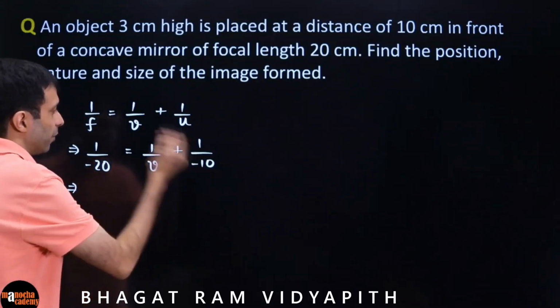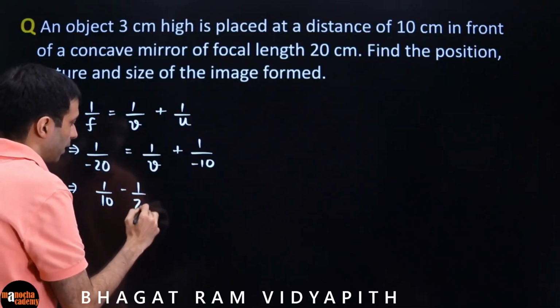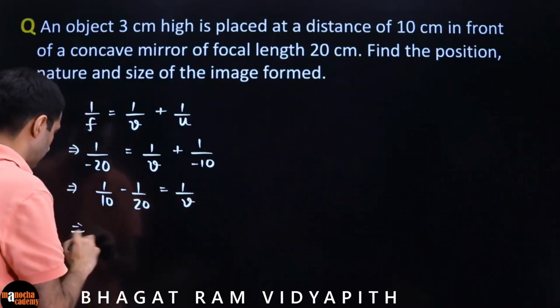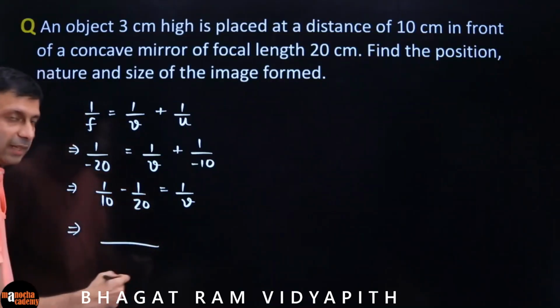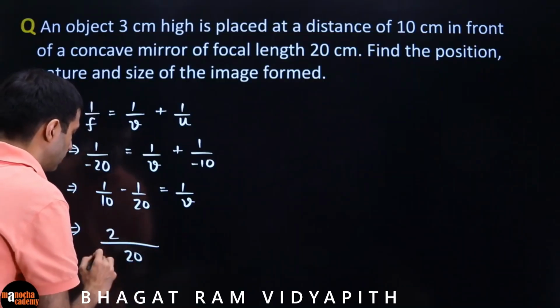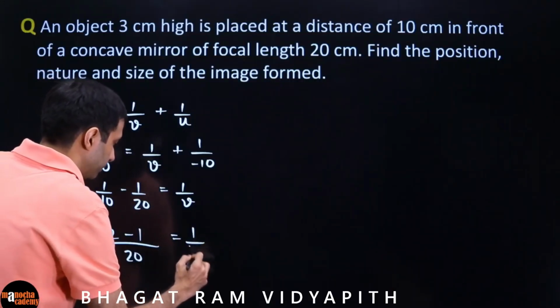We can bring the 10 over here. So 1 by 10 minus 1 by 20 is 1 by V. Please take the LCM over here. 20 is the LCM. 2 tens are 20, 2 minus 1. So this is 1 by V.